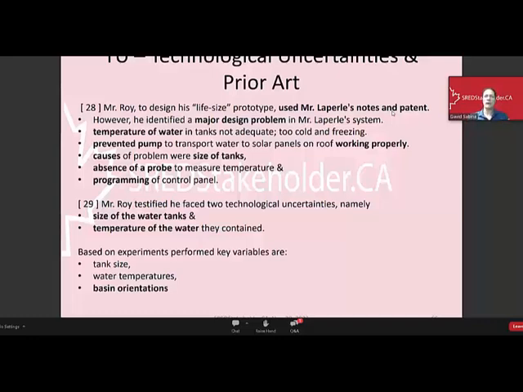Okay? So out of those problems, Mr. Roy said that in his opinion, the technological uncertainties were the size of the water tanks and the temperature of the water. What my takeaway was, looking at all of that was done, that the tank size and the water temperatures were relevant, but one of the other probably more important issues that really wasn't discussed here was the orientation of the basins itself. Okay.